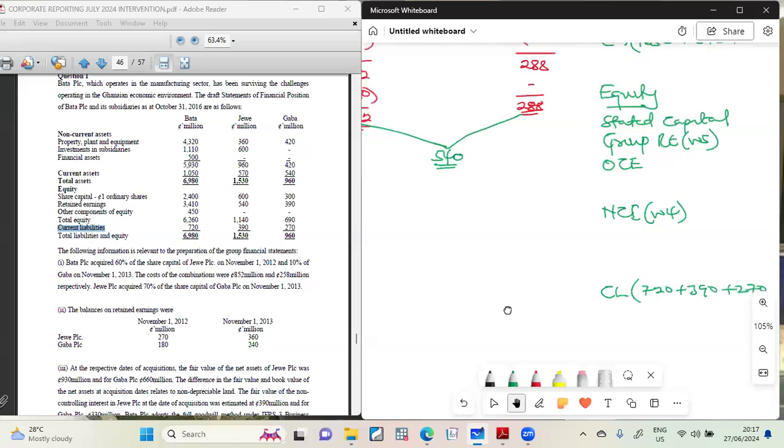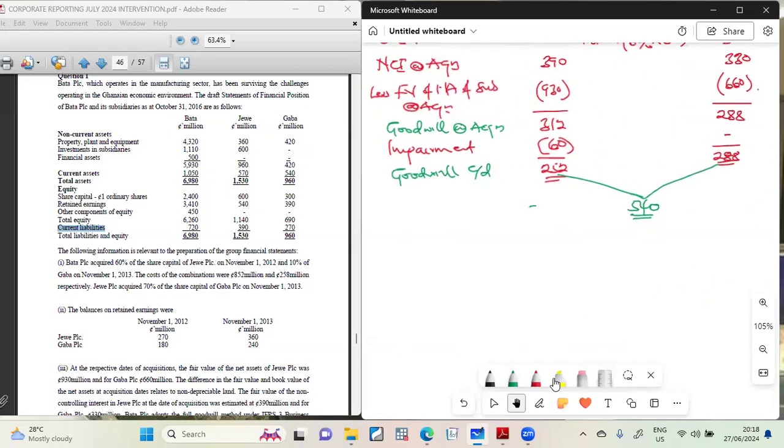So now we are at workings 4. We are done with our Goodwill, we've posted it already. Workings 4 is NCI. How do you do NCI? We have Jewe and we have Gaba.